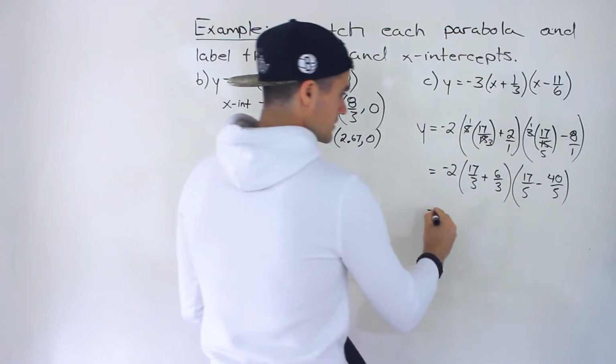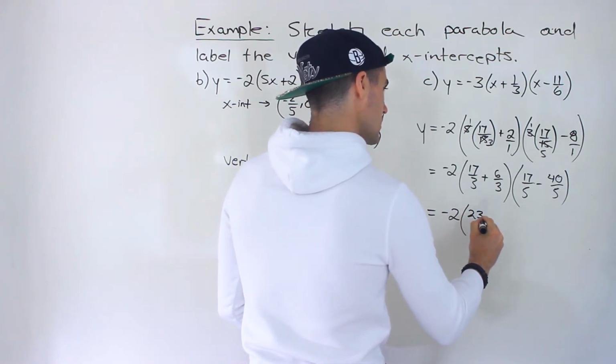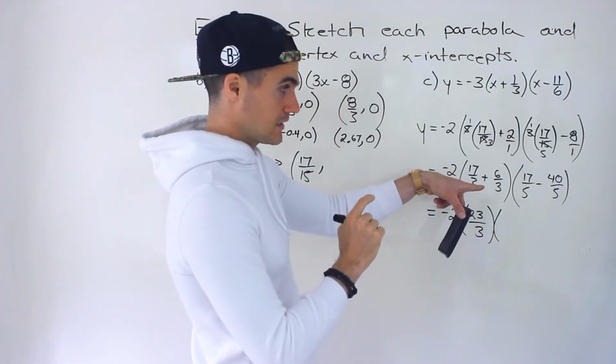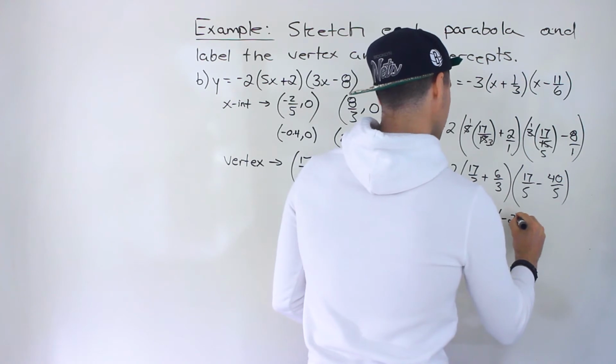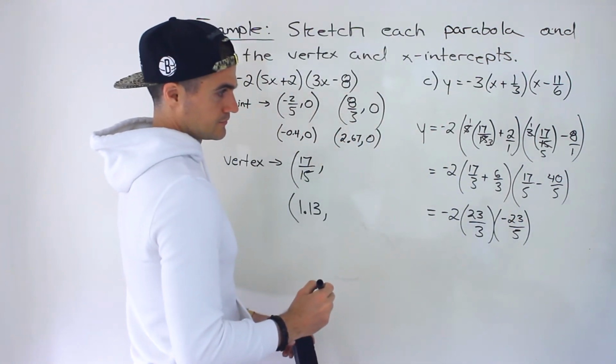So we'd end up with negative 2 times 23 over 3 times 17 minus 40 would give us negative 23, and then that's going to be over 5 over here.